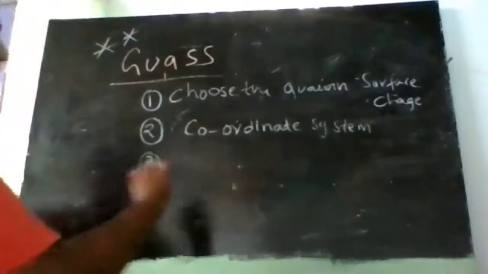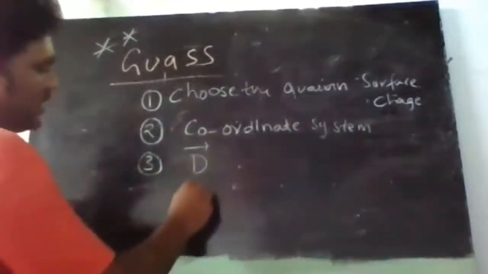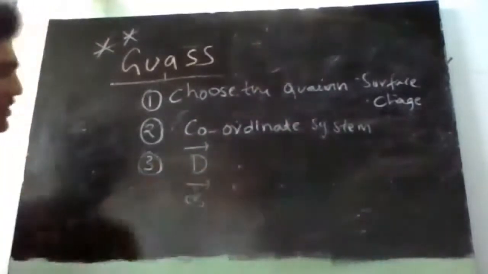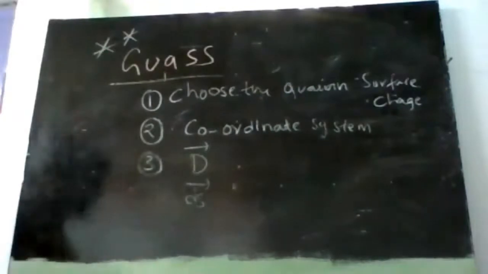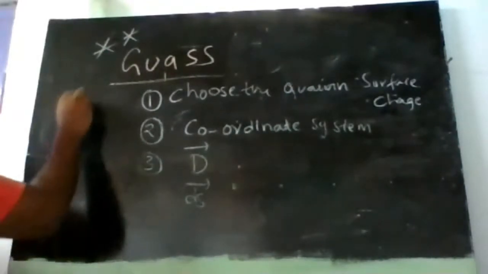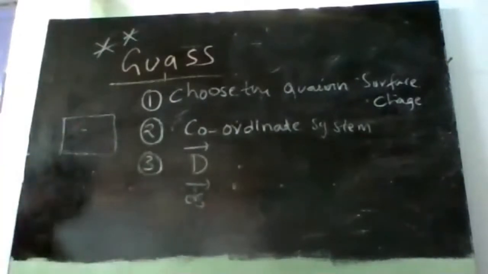After that, once we choose, we have to write down the values of D bar and dS bar. For example, let us assume a simple example: I have considered my charged body to be of a box nature.